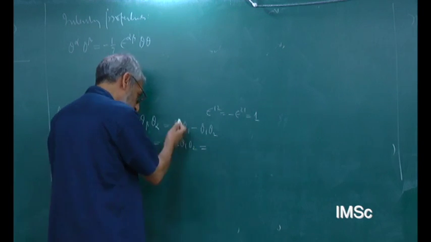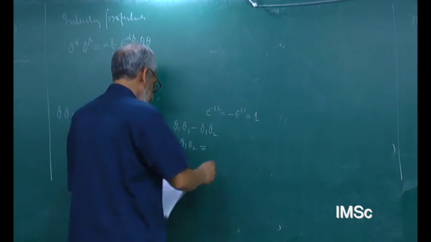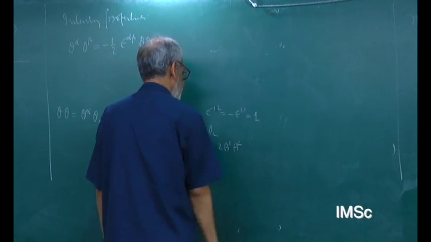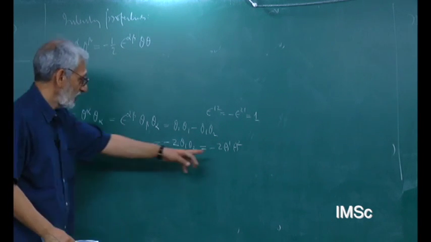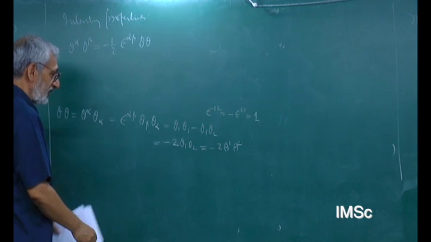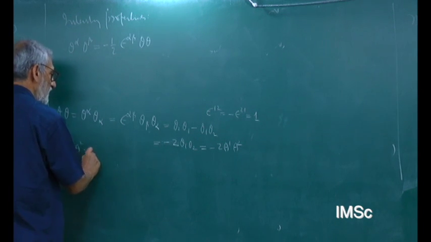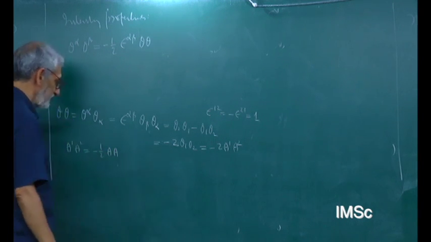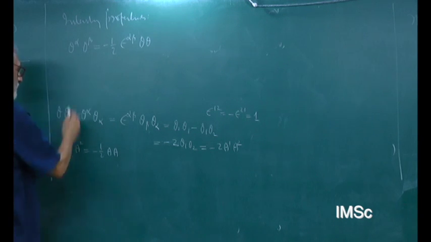You can raise and lower 1 and 2 through epsilons, and this is same as minus 2 theta 1 theta 2. So, that tells you theta 1 theta 2 is minus half theta theta, and that is this.